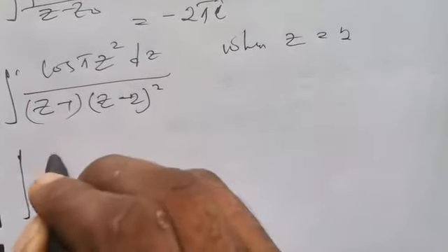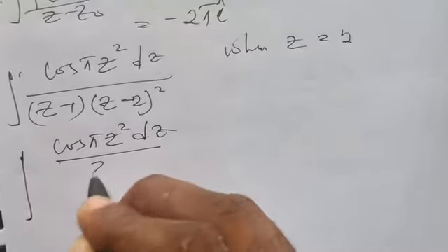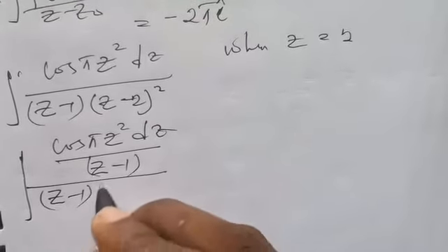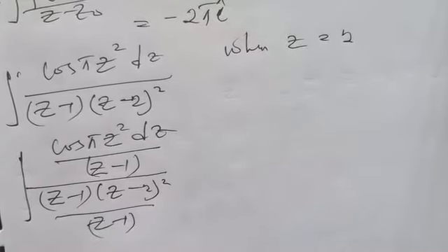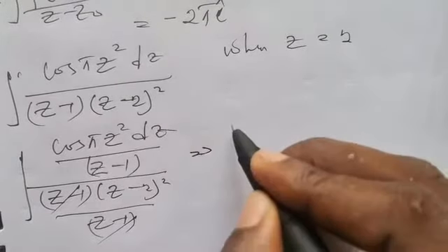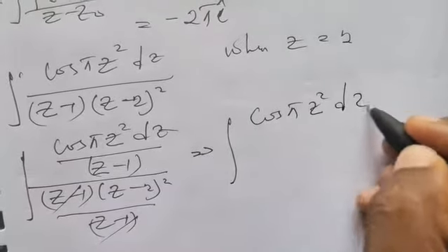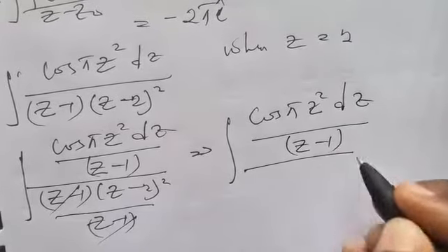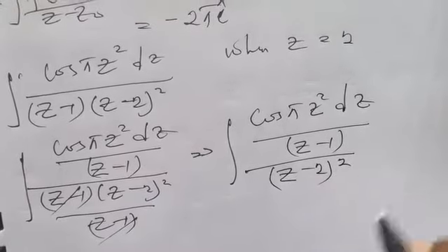integral of cos pi z squared dz all over z minus 1, all over z minus 1 multiplied by z minus 2 all squared all over z minus 1. So you observe that z minus 1 strikes z minus 1 here. Therefore, this integral becomes integral of cos pi z squared dz all over z minus 1 times z minus 2 all squared.